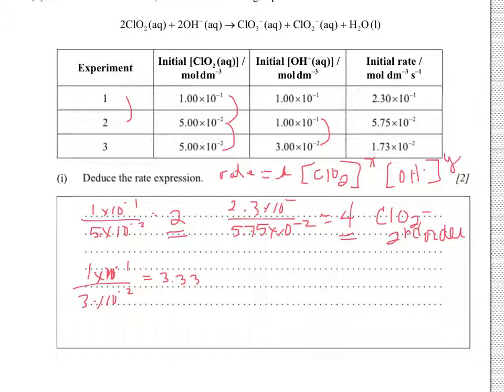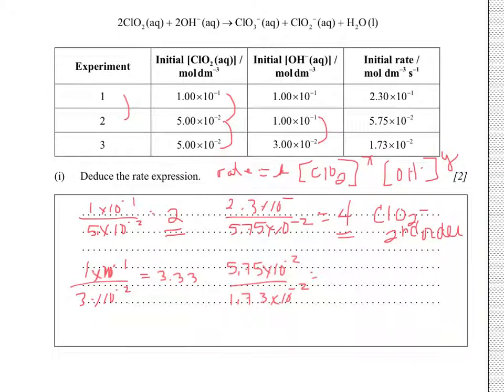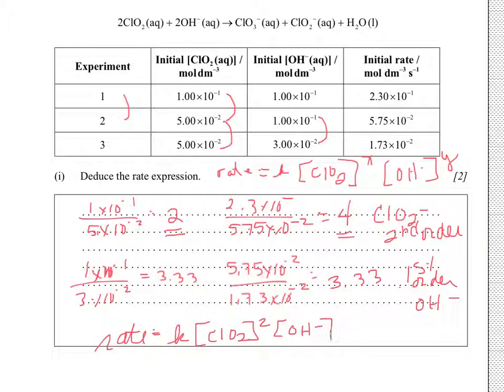Doing the same thing with the rate, I get 5.75 times 10 to the negative 2 divided by 1.73 times 10 to the negative 2, and that gives me 3.33. So that is first order in hydroxide. So my rate expression, rate is equal to the rate constant times ClO2 to the second power, hydroxide to the first.